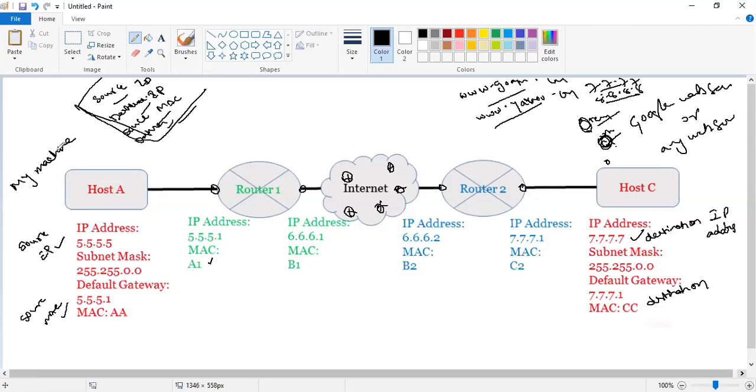So that is the reason you must include the source IP. And why do you need the destination? To route your data, whatever you're requesting, through the internet, you need a destination IP address, so that based on your destination they determine the path you have to take.